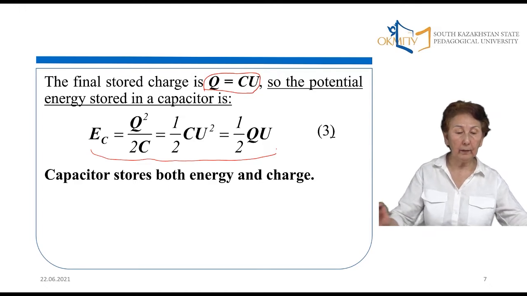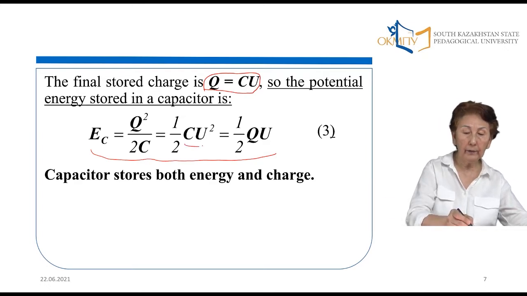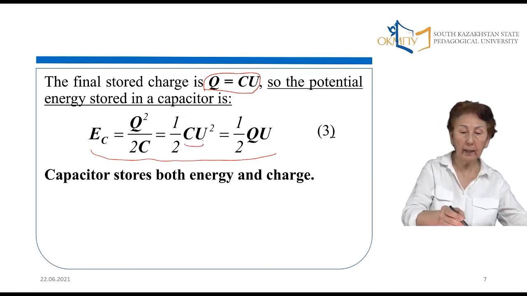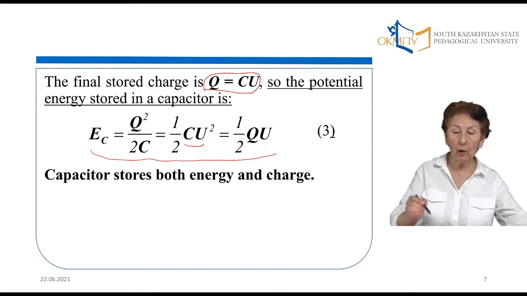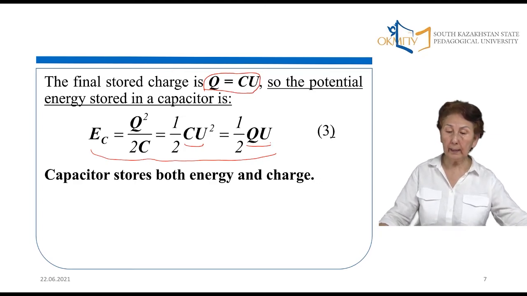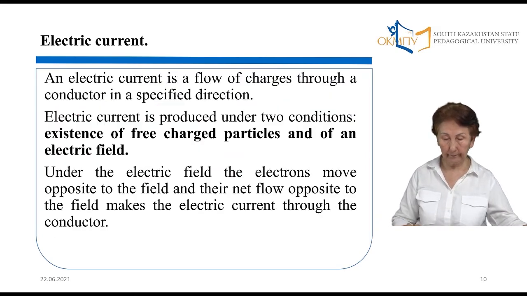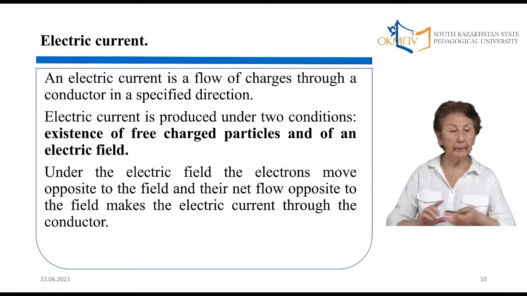Q squared over twice the capacitance, or half of the product of the capacitance and the squared voltage, or half of the product of the charge and voltage. So we can say that a capacitor stores both energy and charge.